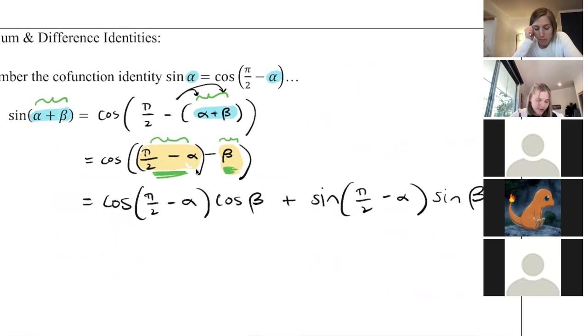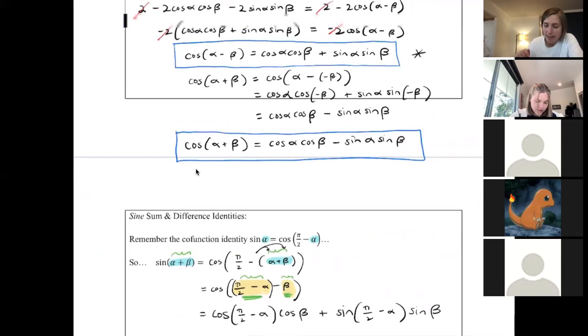Because you're plugging in one of the cosine sum and difference identities, the left part of it is like cosine of alpha minus beta. Is that the same as sine of alpha plus beta from down there? What I'm comparing is that cosine of alpha minus beta is like cosine of pi over 2 minus alpha minus beta. Oh, I see. Never mind.